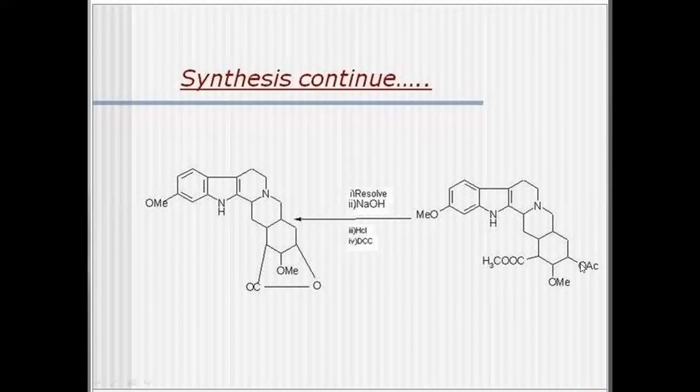Similarly, here the acetyl group will be lost. So on hydrolysis with acid and base, you will get the acid and alcohol. And this is treated with dicyclohexyl carbodiimide. From acid and alcohol, the water molecule will be lost. Automatically, you can see the formation of the lactone ring.